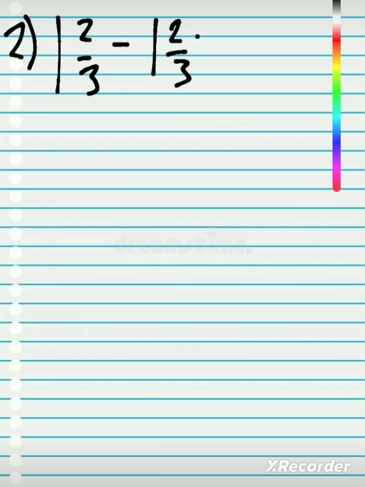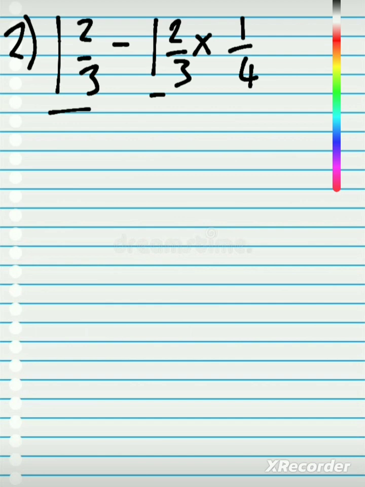Going to question 2. Question 2 says 1 2/3 minus 1 2/3 times 1 over 4. We first make sure that they are all in improper fractions, not mixed fractions.